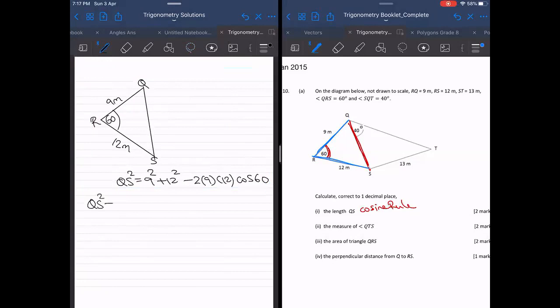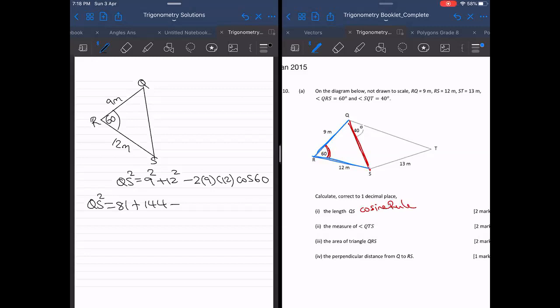Right, so it means that QS squared is equal to 81 plus 144. Hold on, let me just respond to some persons who are typing.